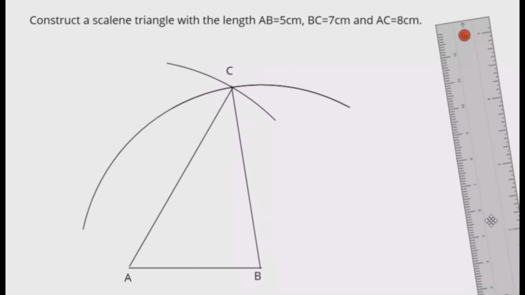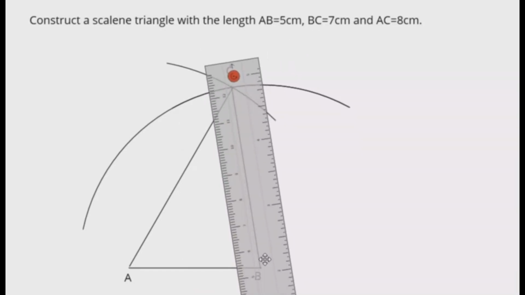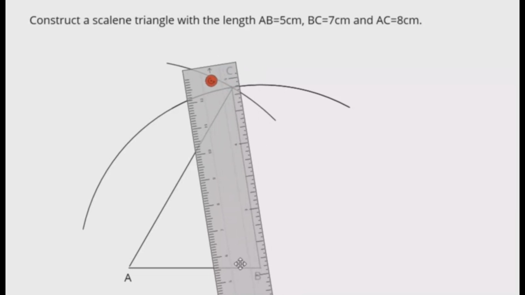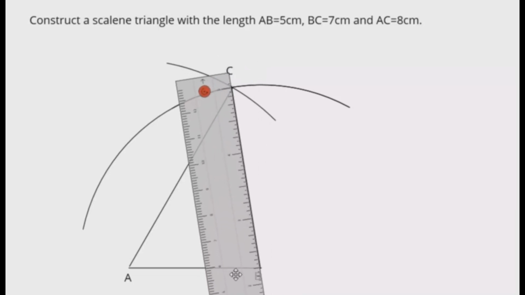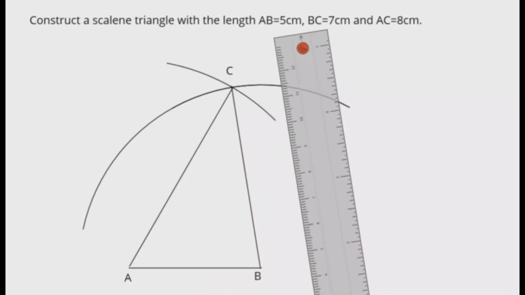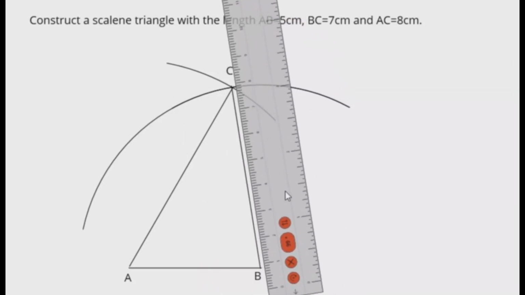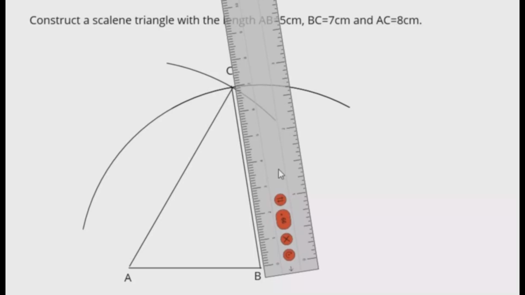Okay, so now if you take this ruler and measure the lines, if we put our ruler here and measure this line, let me use this side. Okay, from 0 to 7 centimeters, you can see 0 to 7 centimeters.